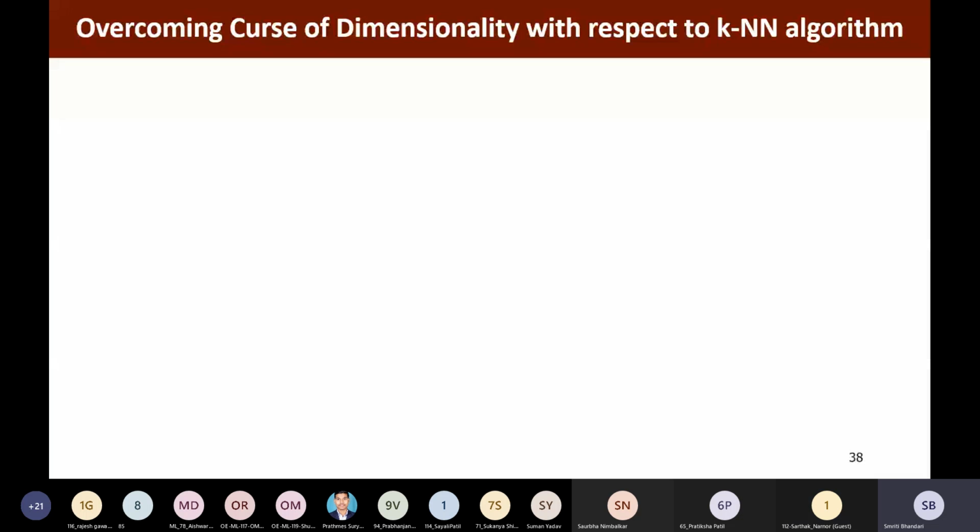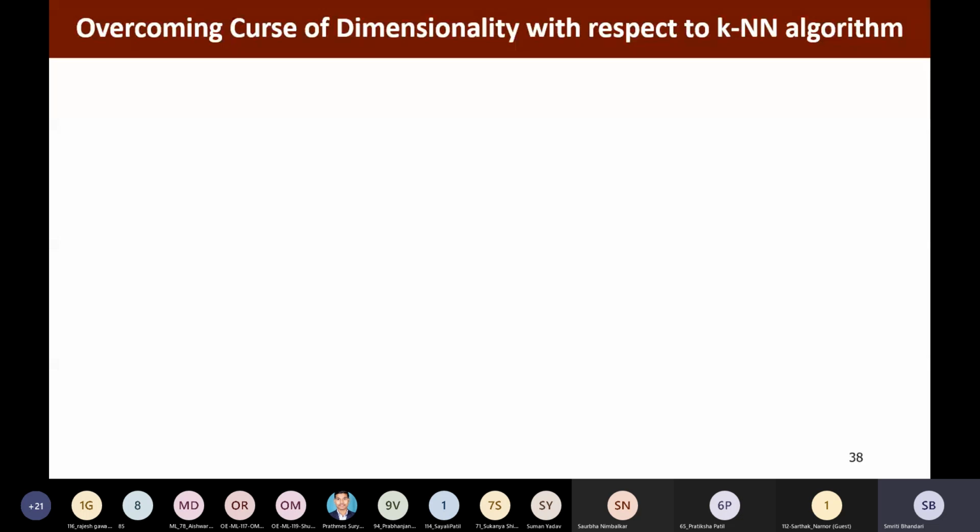If we want to overcome the curse of dimensionality problem, then what to do? In fact, we are going to extend this concept in general, but let us first talk about overcoming this problem with respect to the k nearest neighbor algorithm.